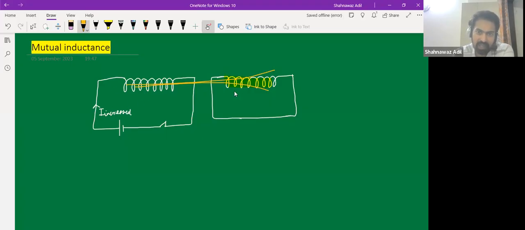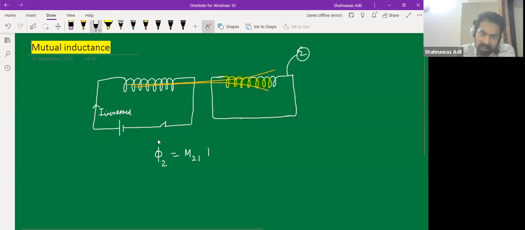So this mutual inductance says that the flux generated in this, let's say this is the second circuit, would be related to the current in the first circuit.